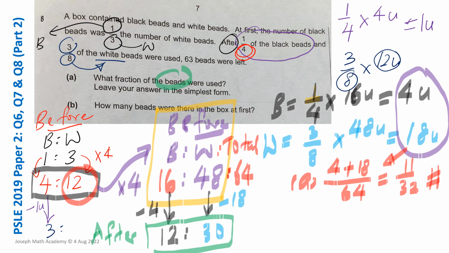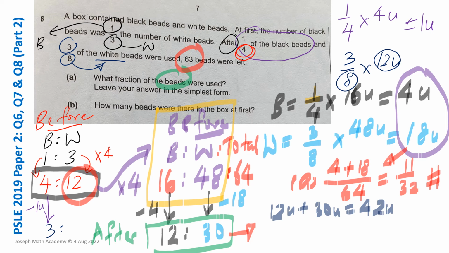Okay, part B. How many beads were there in the box at first? We have this information here, 63 beads were left, which is here. So let's write down 12 units plus 30 units gives us 42 units.